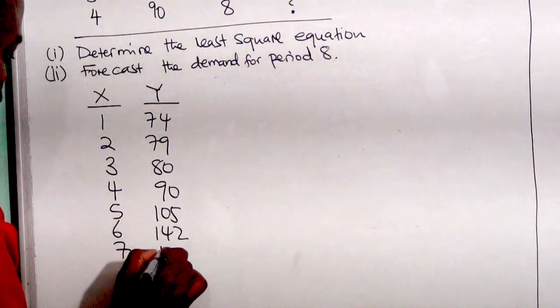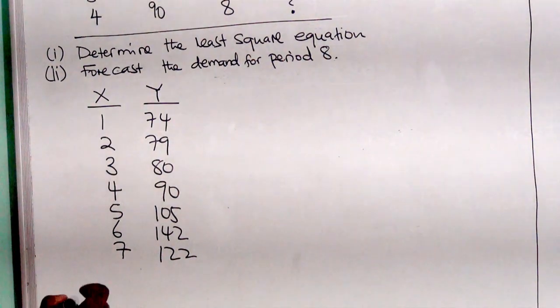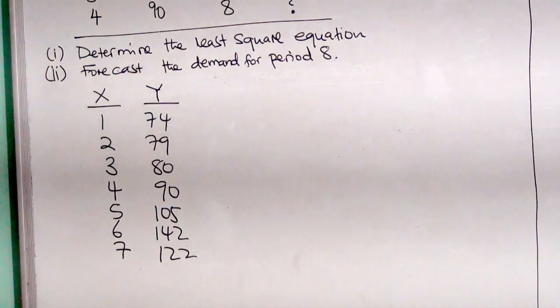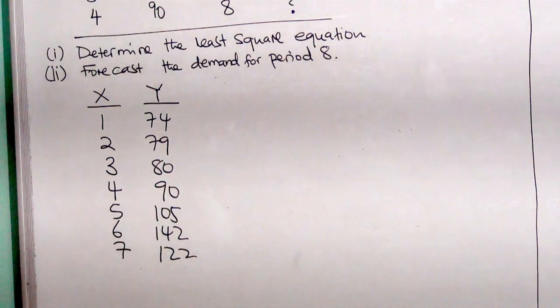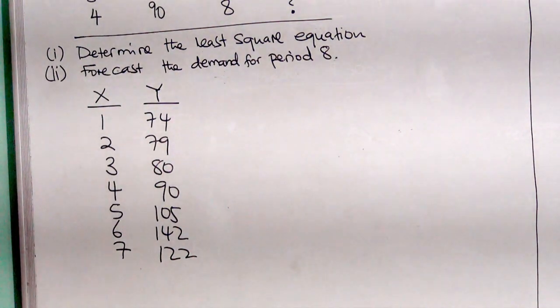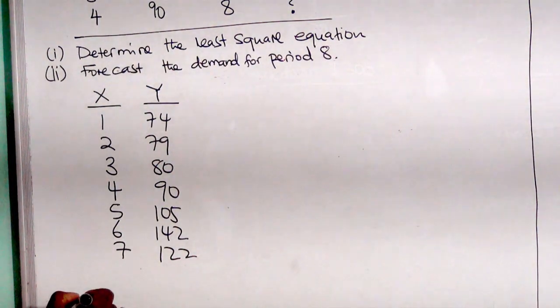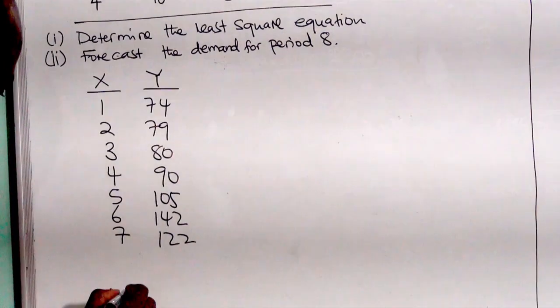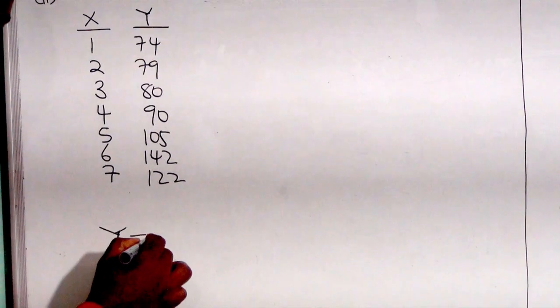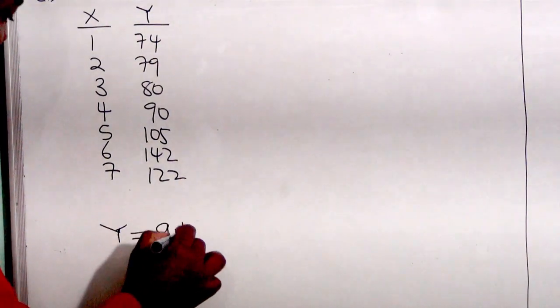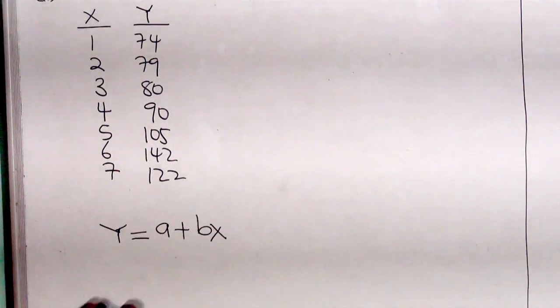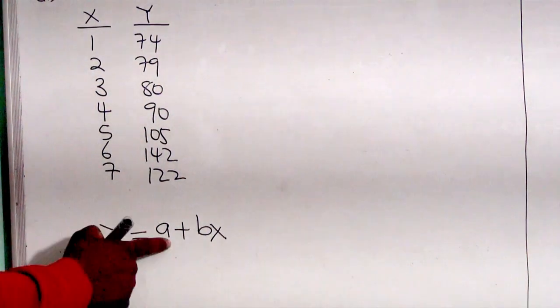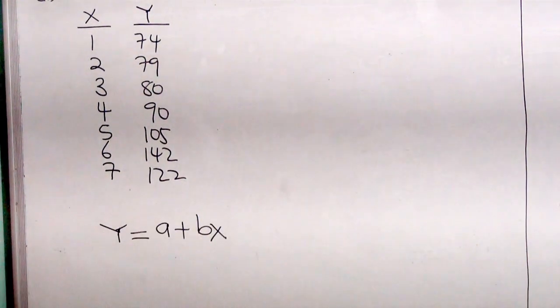142, and 122. So the first thing I'll do here is to develop the least squares equation, which is the regression equation, given by the formula y is equal to a plus bx. So I need to calculate my a and I need to calculate my b.